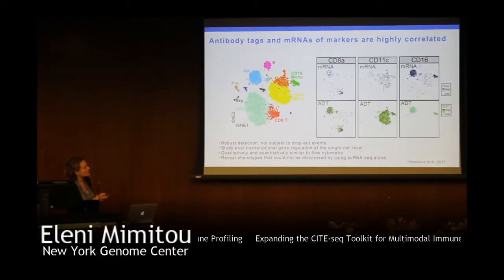Similarly, CD16 mRNA is present on these CD16 monocytes, but not the protein. And with the data that Marlon showed in that study, we can reveal phenotypes that cannot be discovered by just using RNA.